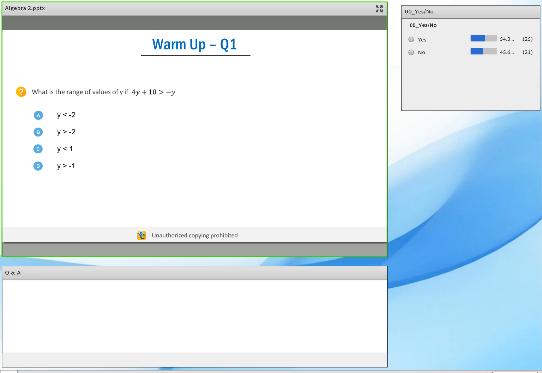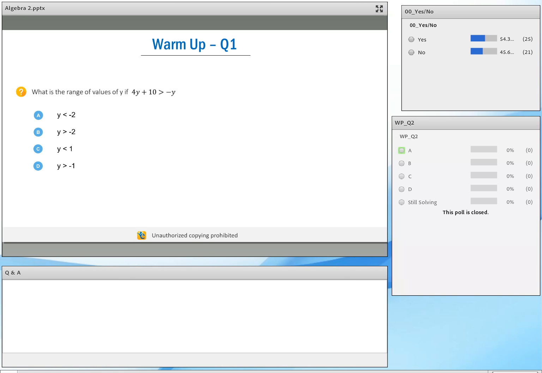Sorry about that. Let's remove the results. Can you all please click on still solving? All right. Here's question number 2.